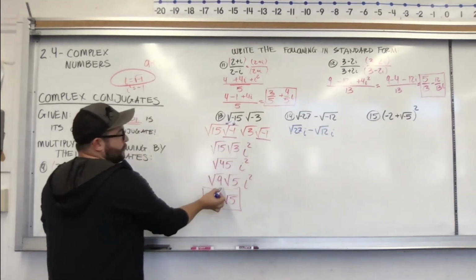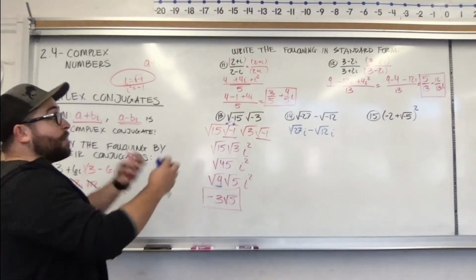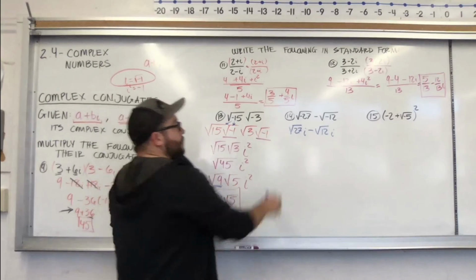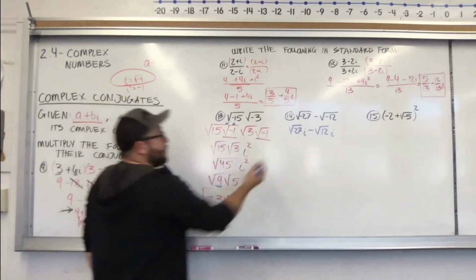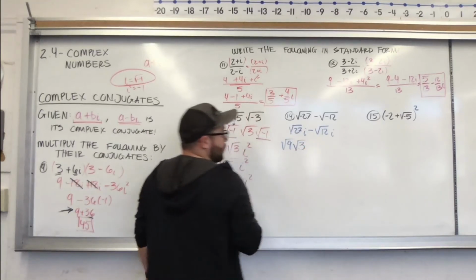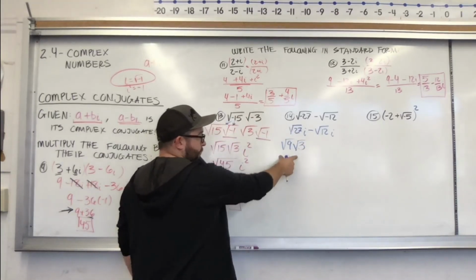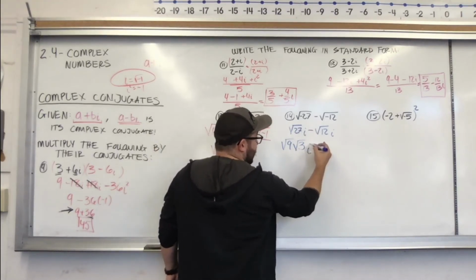But we want to rely on our knowledge of perfect squares and see if we can pull any out. Well, 27 is just 9 times 3. We can break that up with the radical. So it's square root 9, square root 3 i.